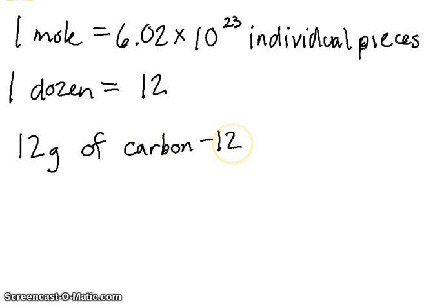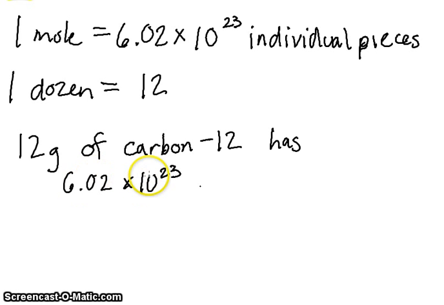This is a carbon atom that has 6 protons and 6 neutrons. 12 grams of this was essentially massed out, and through experiment it was found that it has this many individual atoms. So 12 grams of carbon 12 has 6.02 times 10 to the 23rd individual atoms. So in this case, our individual pieces are atoms.